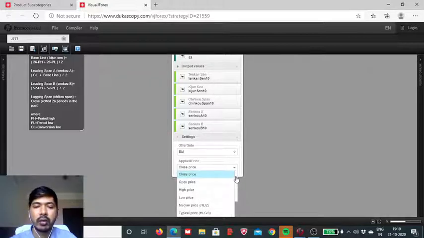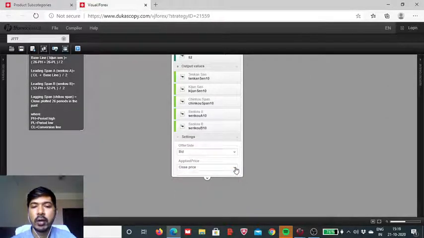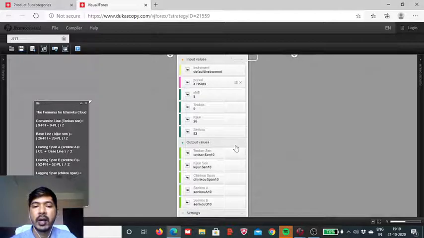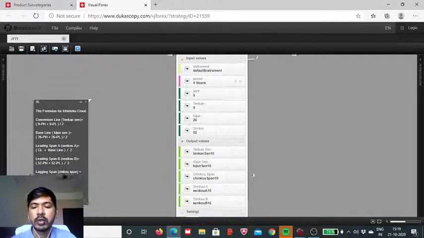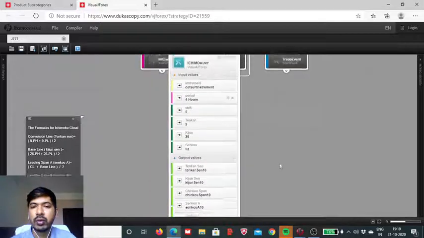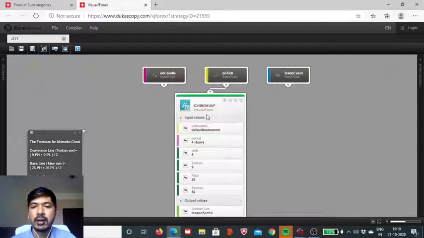Mostly it is the closing price, but the applied price can also be different. So all the options are provided: open price, high price, low price. But as I have explained to you earlier also, different parameters for these indicators are calculated differently. So not much of a difference will crop in even if you choose the different applied prices.